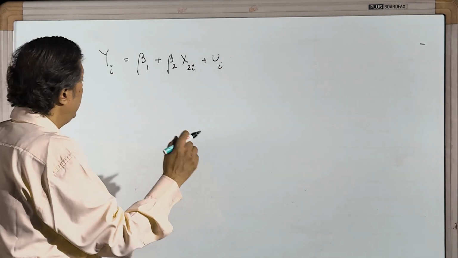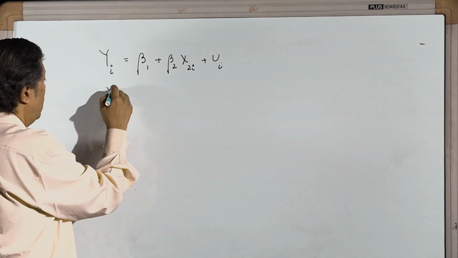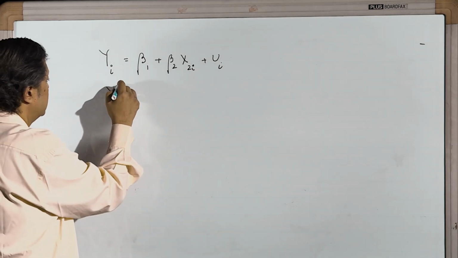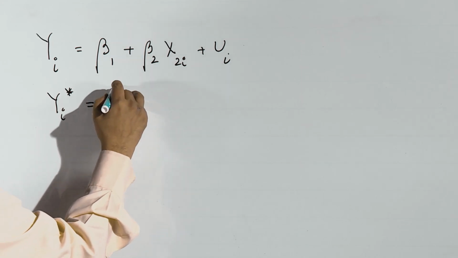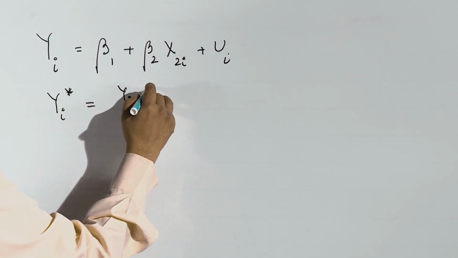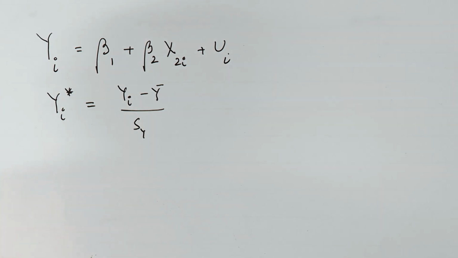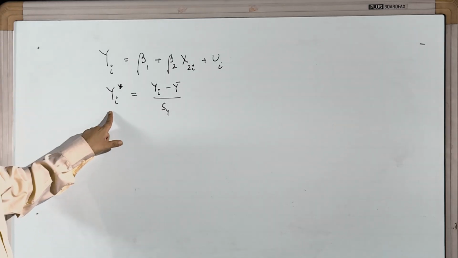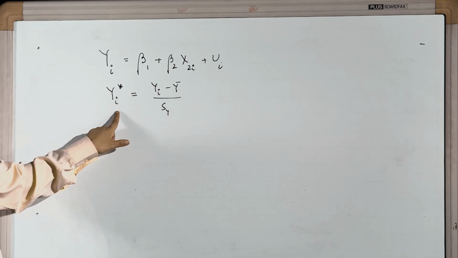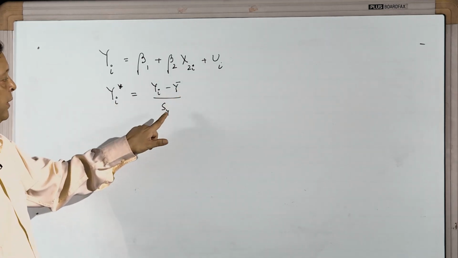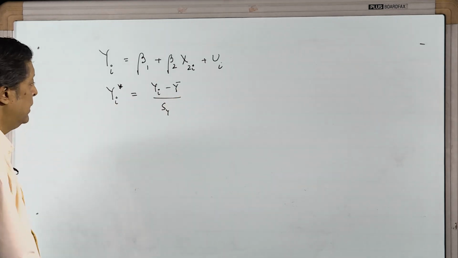Now, we define y I star as y I minus y bar divided by standard deviation of y. So, that is the standardized variable, the variable minus its mean divided by its standard deviation.